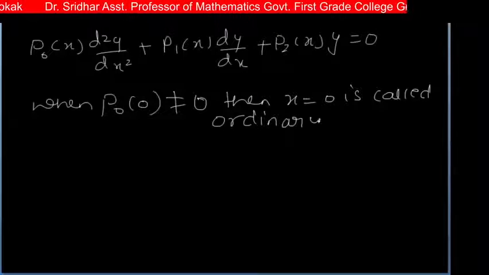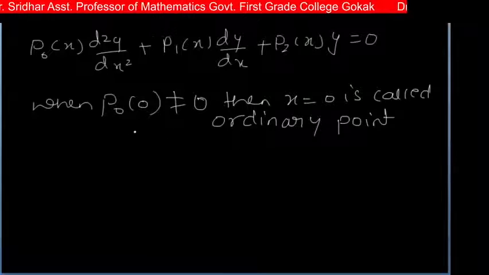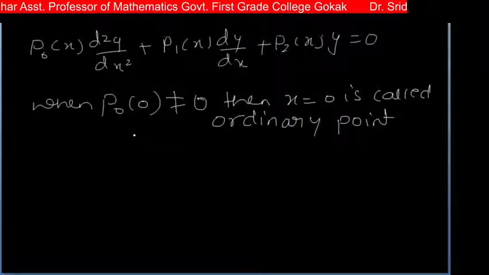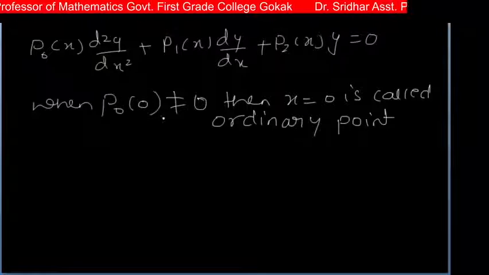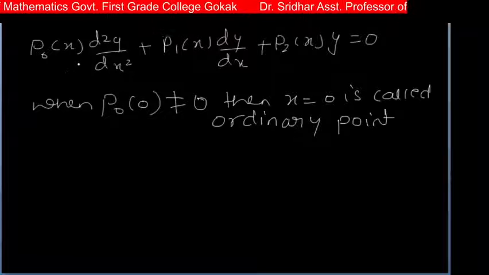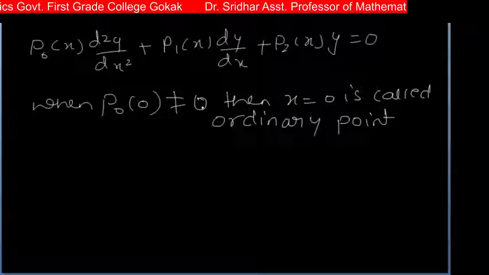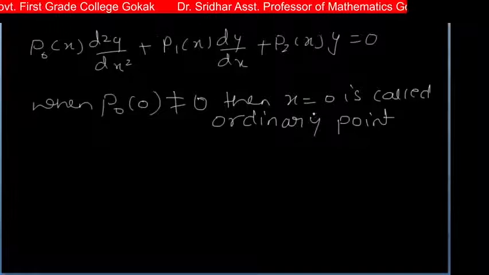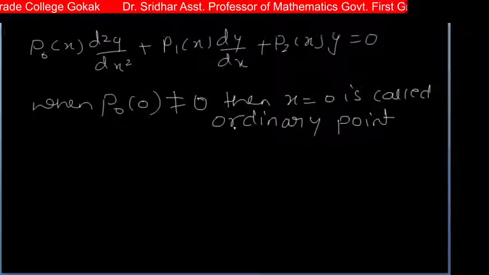I just want to remind you of these things. So when p naught of 0, that means at x equal to 0, p naught of x should not be equal to 0, then x equal to 0 is called an ordinary point.